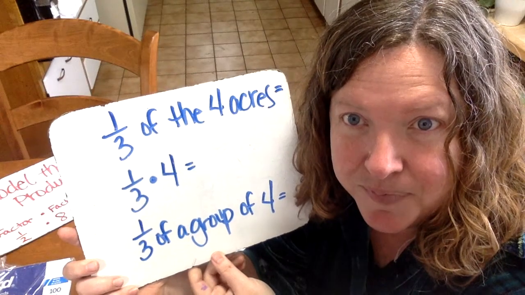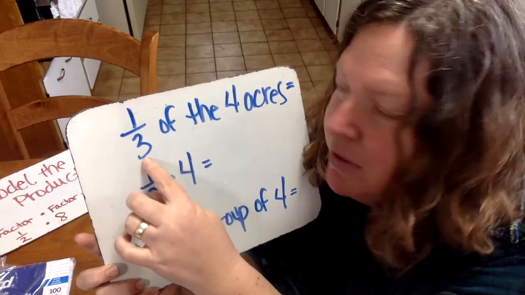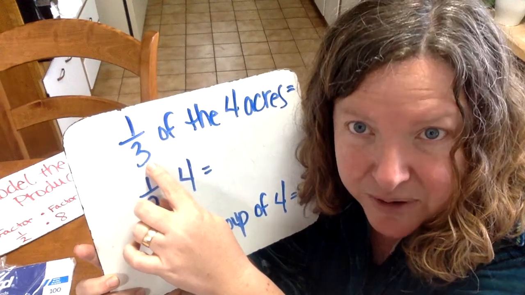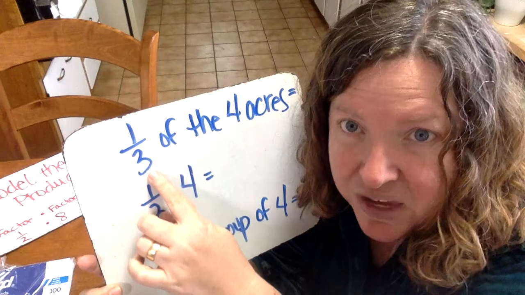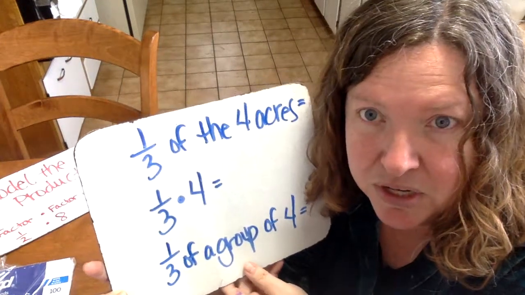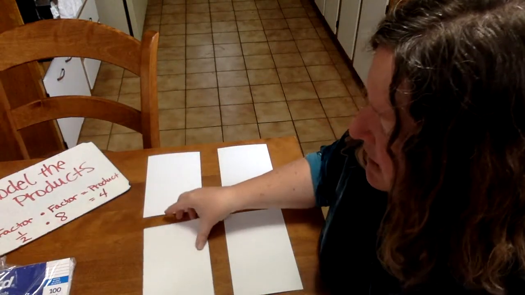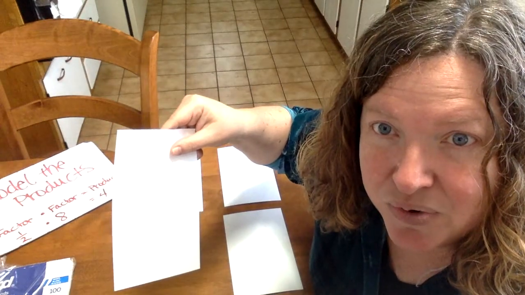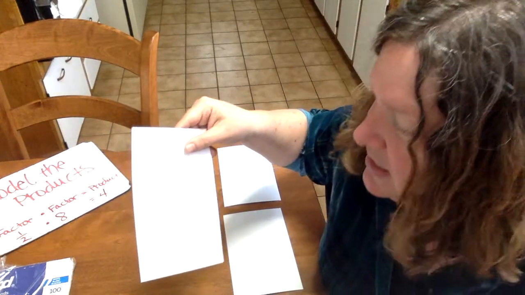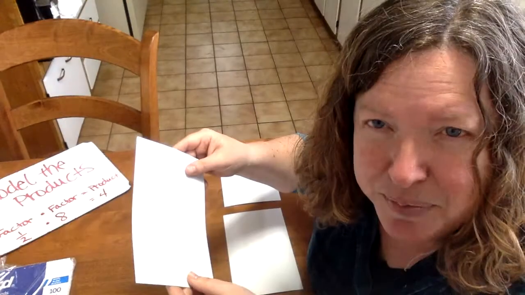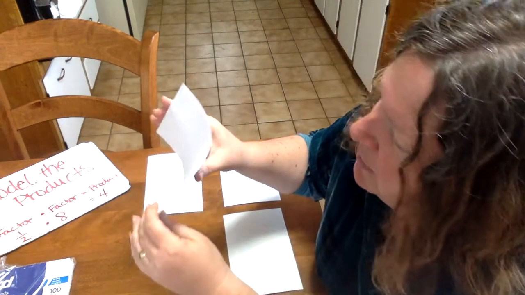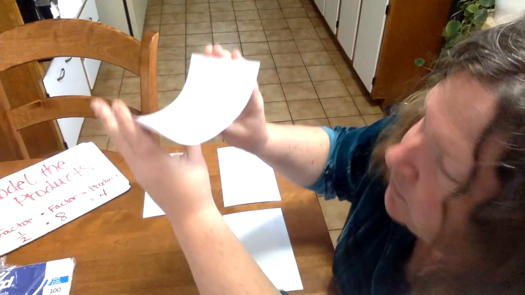Now she plows a third of that. So how do we know how much we should cut it into? Well, remember, the bottom number in a fraction tells us how many equal pieces it's cut into. So we need to cut this into 3 equal pieces. Now, they don't have to be exactly perfect. It's a little tricky, but I'll show you how I do it.